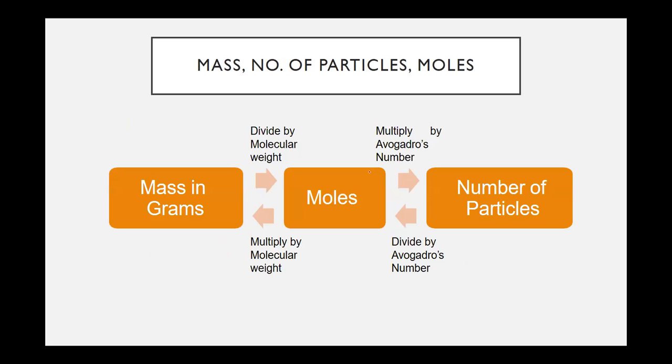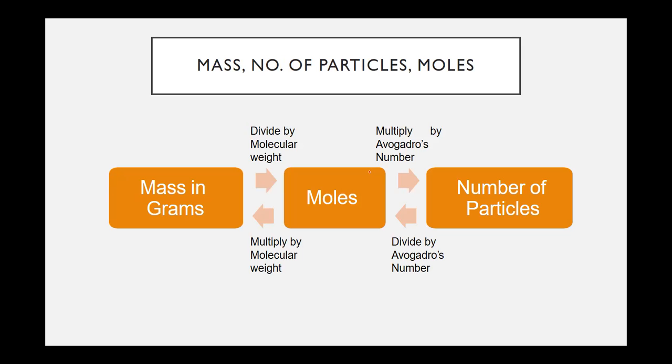So in a given mass in grams, we can identify the moles of a certain compound and the number of particles present in that compound. Kapag hanapin natin yung moles in a given mass in grams, we will just divide it by the molecular weight of the compound. And from that moles, we can get the number of particles by multiplying it by the Avogadro's number.